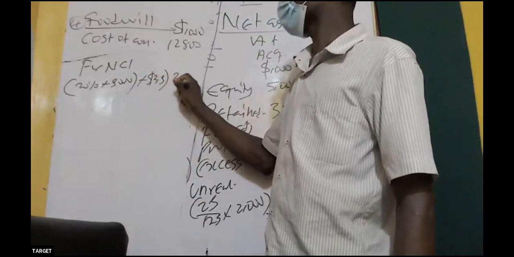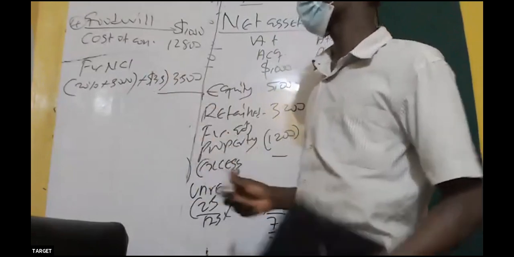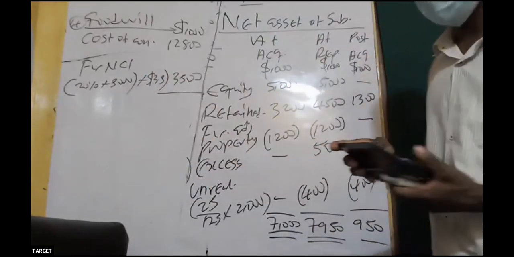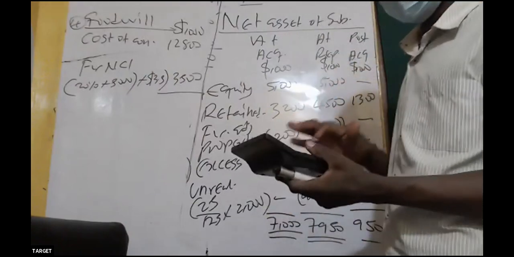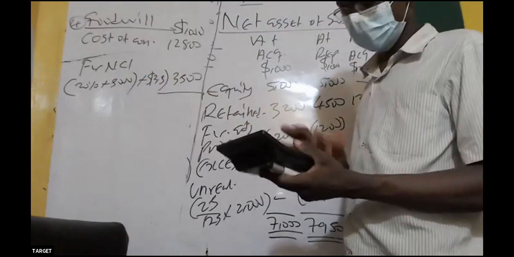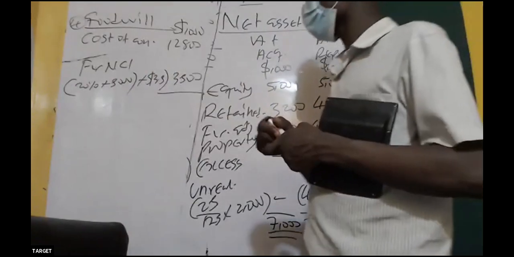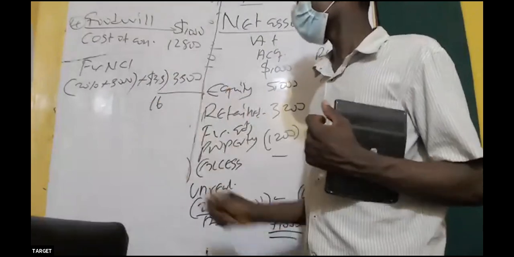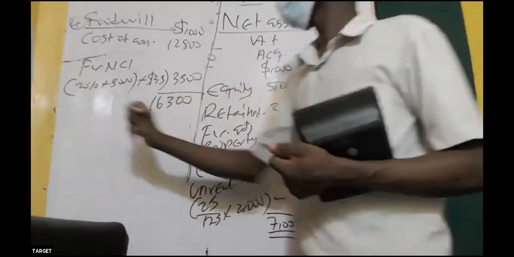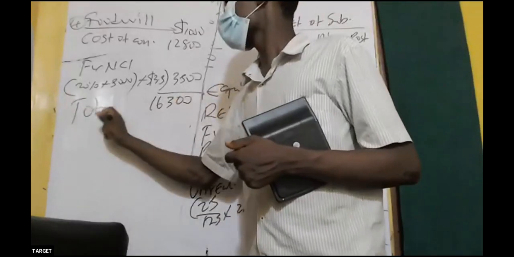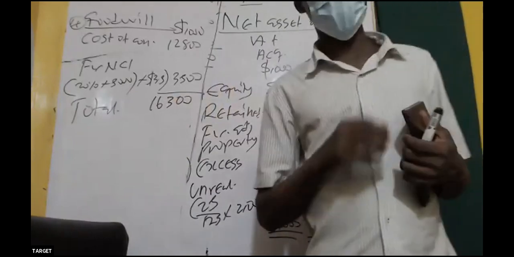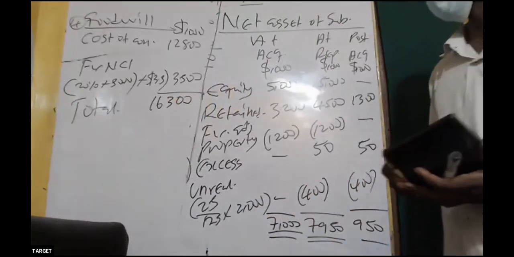That'll give us 3,500. So you add the two together to get the total consideration transferred to acquire the subsidiary. So 12,800 plus 3,500 gives us 16,300. So we call this the total consideration transferred to acquire the subsidiary.